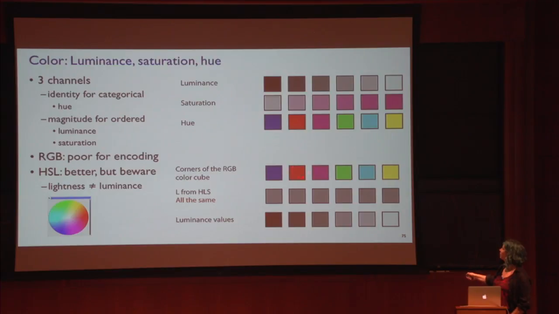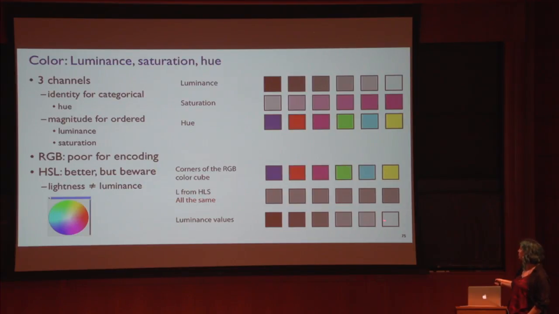If you're thinking in RGB colors, and we think about the corners of that color cube, here we see these 6 different swatches of color. Here's an interesting point: the way the human eye responds to different colors is highly wavelength dependent. The amount of brightness or luminance that we see depends on where we are along that color spectrum.